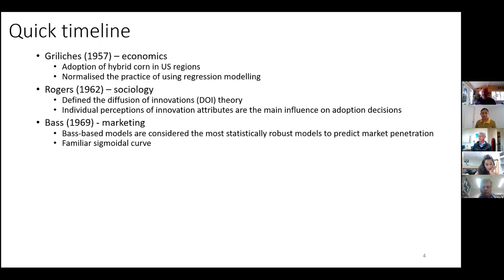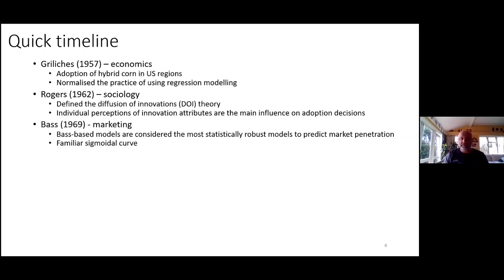Then following that, there was Bass' model, or how he decided to model the diffusion of innovations theory, that gave place to what we are now all very familiar with, that S-shaped curve to represent adoption. And that's still quite influential in studies today.